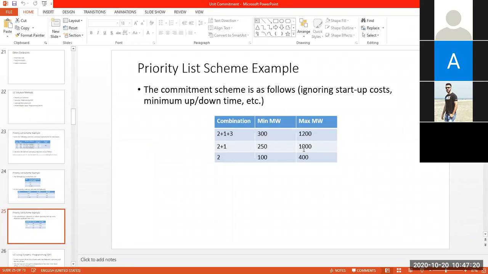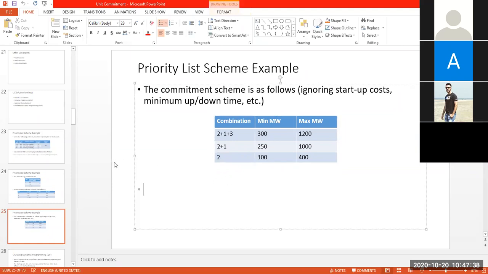Then again, if the load reduces to 400 or less, you simply keep the most prioritized unit, the least cost unit. You simply run your system with that alone and keep the others shut. As I said, the same thing can be done for starting up the units.